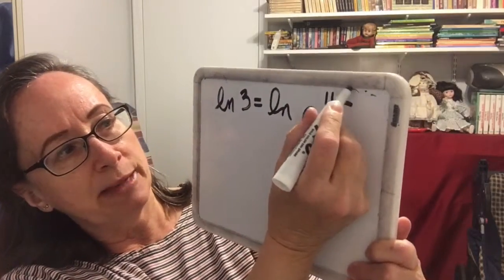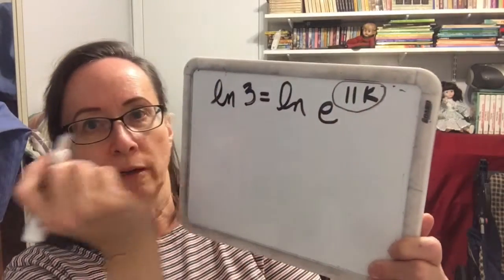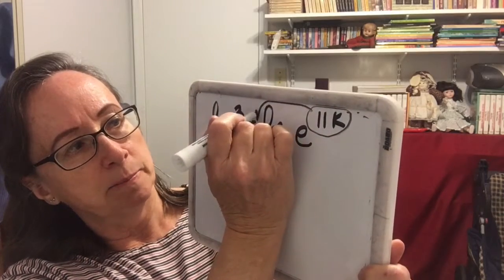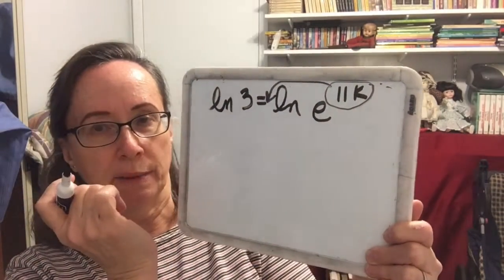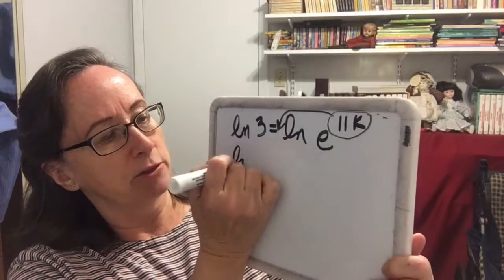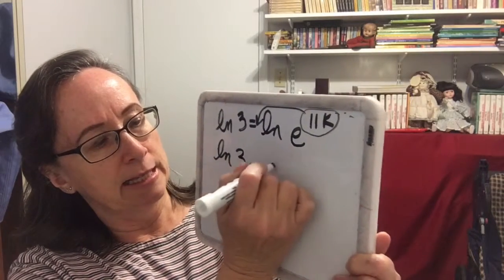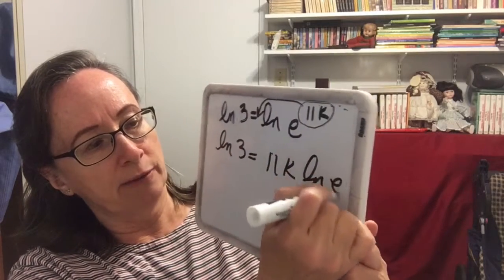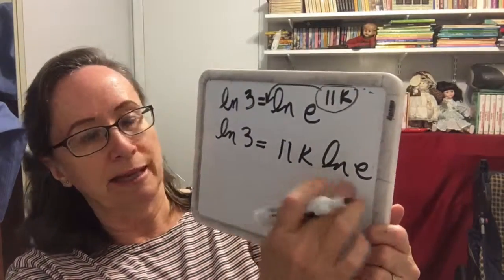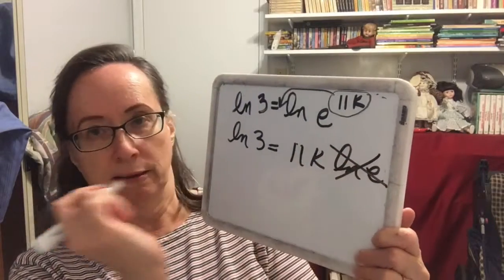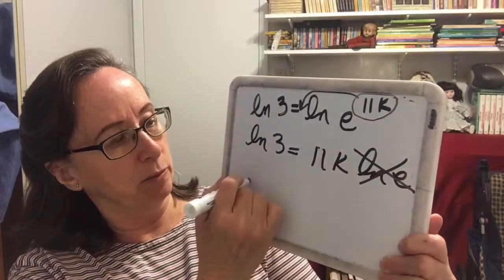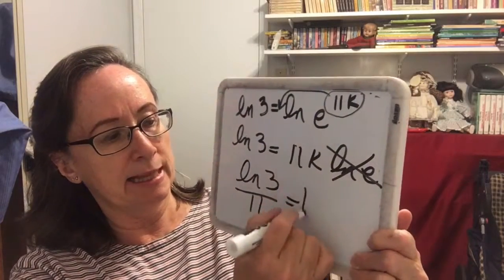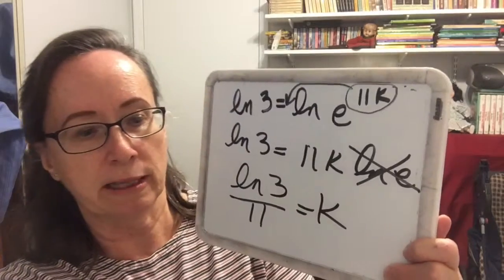But remember that the exponent here, once I've taken a log of both sides, by the power rule can run around there and be a coefficient. So then we have natural log of 3 is 11k, and then times natural log of e. But we know that natural log of e is 1. So we end up with this, and then we'll have natural log of 3 divided by 11 is that constant that we are looking for.